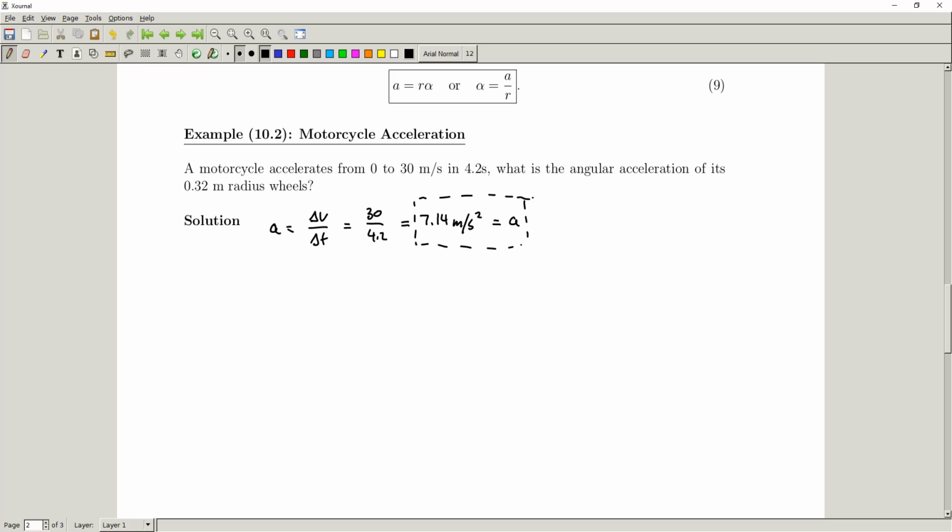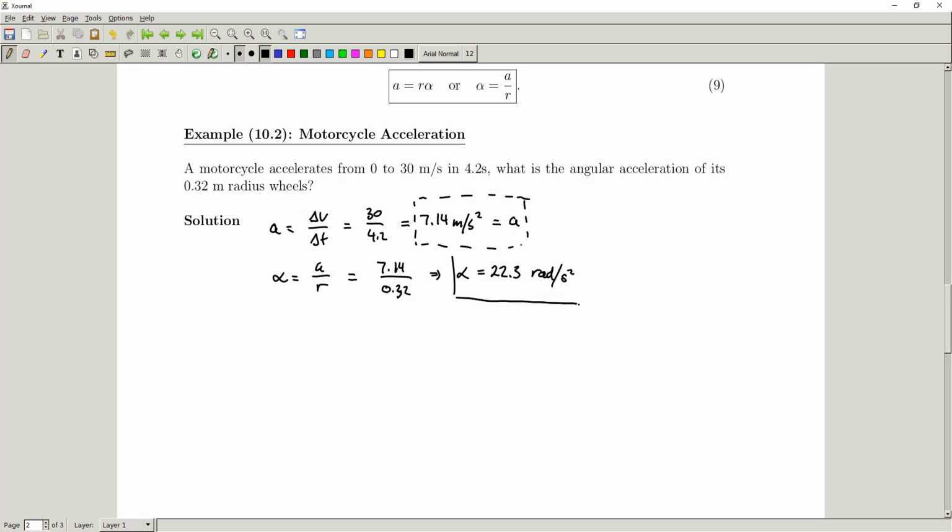So we have a linear acceleration, but we want our angular acceleration. We want alpha. We know from our equations above that we can write it as a over r. So we simply substitute in these numbers, the radius which we're given in the question. If we do that calculation, we're going to find an angular acceleration of 22.3 radians per second squared.